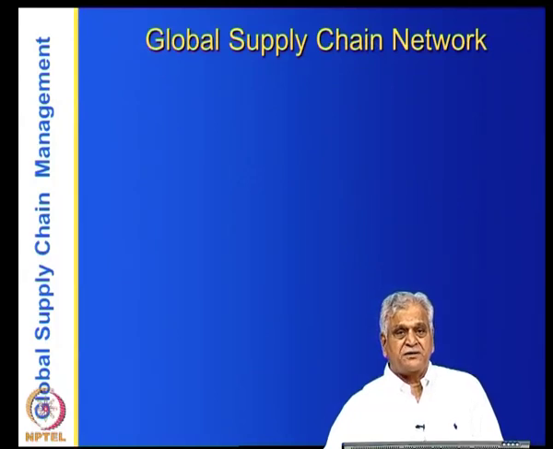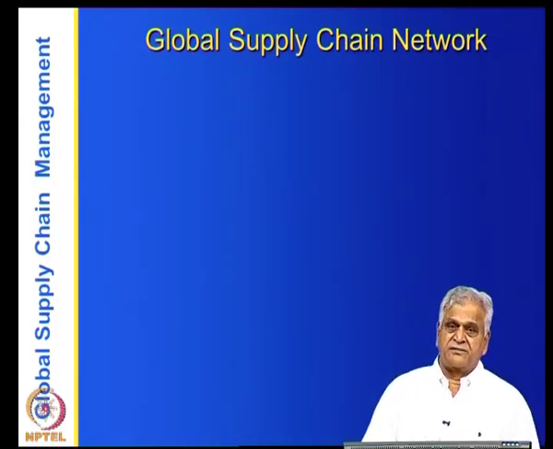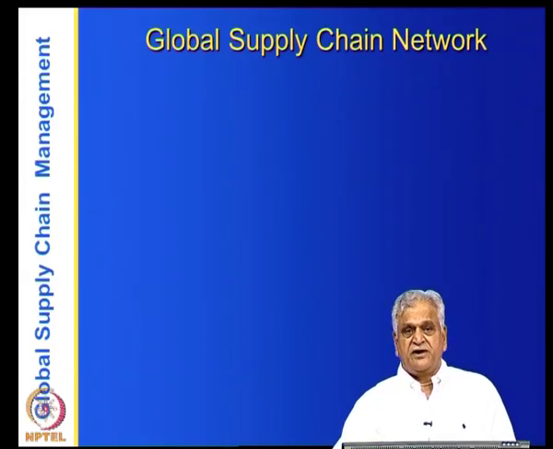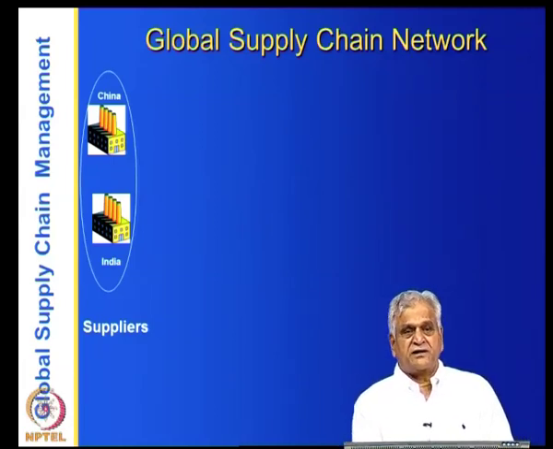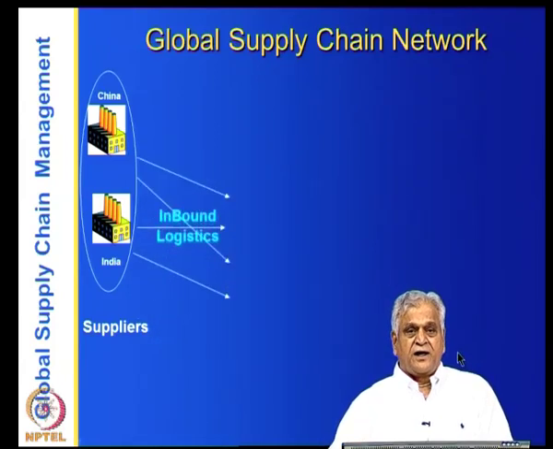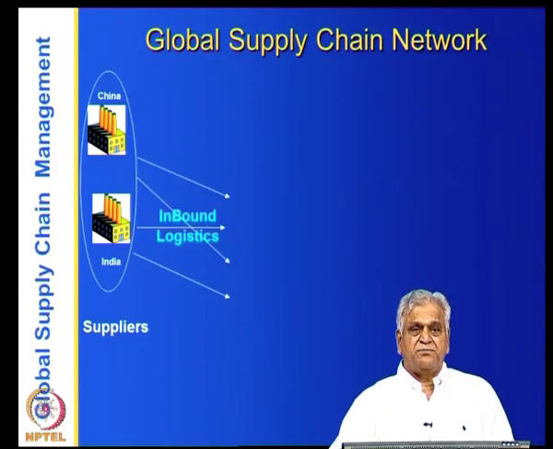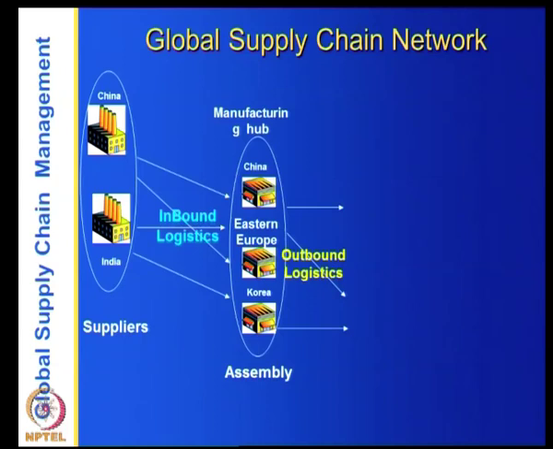So if you take a global supply chain network, for example a PC or a car, then there are the suppliers. They are either in India or in China, and there are what are called inbound logistics players, who take the material from the suppliers and supply it to the manufacturers.